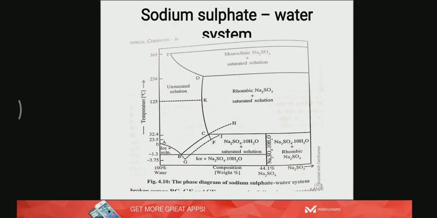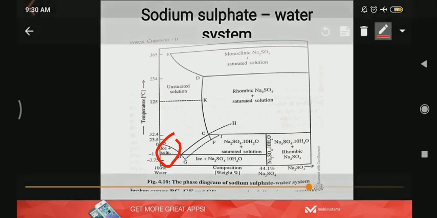And let us consider various curves. First of all, curve AB, which can be called the melting point curve of ice or freezing point curve of water, which indicates how the melting point of water decreases on adding increasing amounts of sodium sulphate.